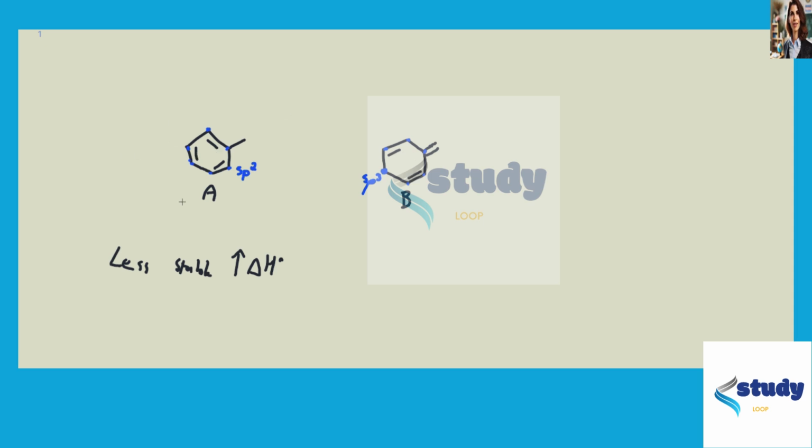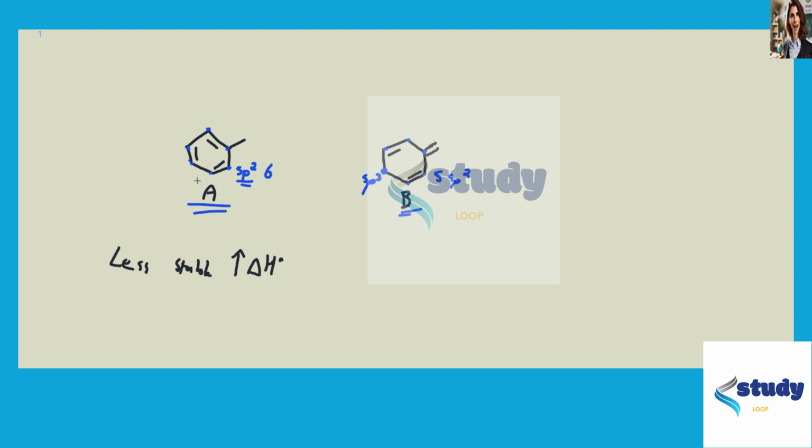So right off the bat, we know that we have a higher degree of conjugation in A than in B. And secondly, we know that we have 6 sp2 carbons in A, while in B we only have 5 sp2 carbons. So right off the bat, we know that A is going to be more stable than B.